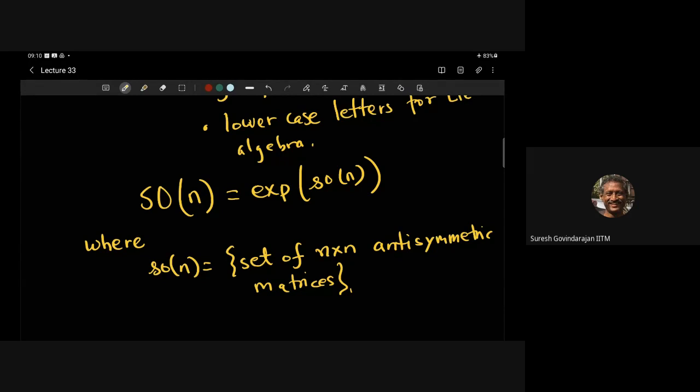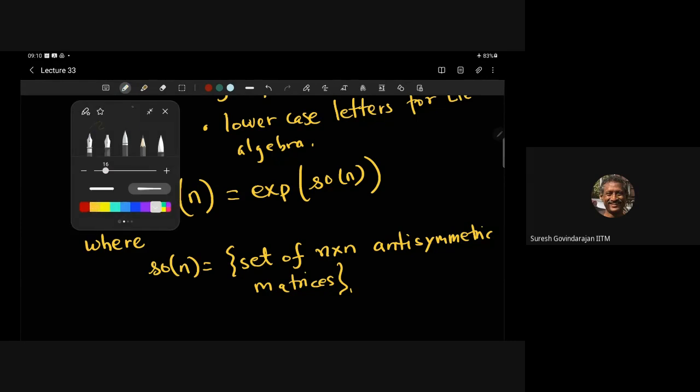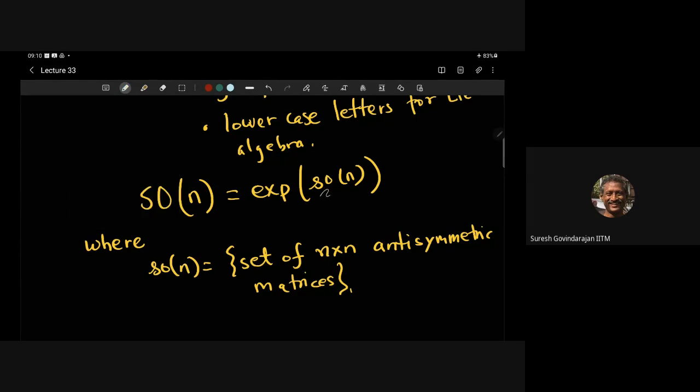I'm just writing out things and putting more structure into the definitions. So is it necessary to use the same notation for antisymmetric matrices? Yeah, because the idea is that there is this nice connection between them: the Lie algebra of SO(N) is related to the Lie group of SO(N).